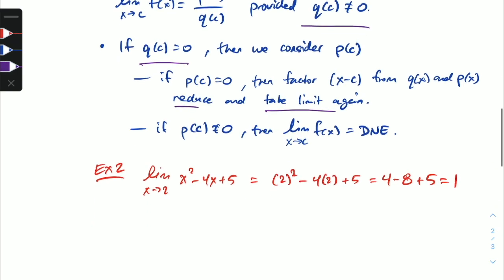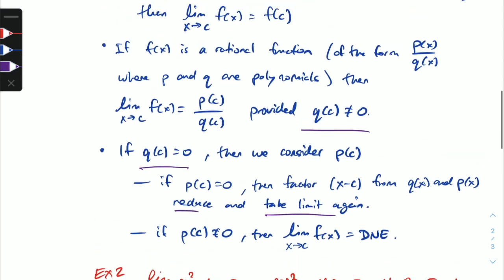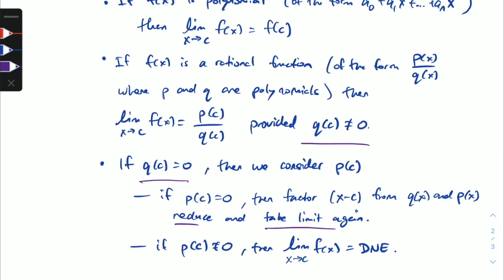All right, let's do another example. This will be a rational function, a little more complicated. So we're going to have x squared minus 5x plus 6 over x squared minus 4. So first thing we're going to do is put c, the 2, into the numerator polynomial and the denominator polynomial.